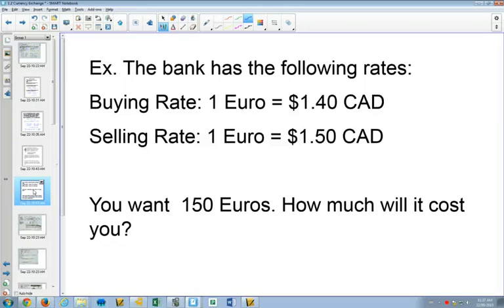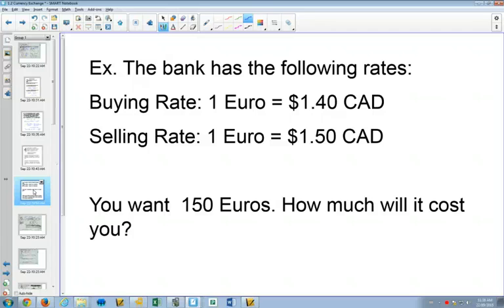There are the bank's rates. Buying rate, if you wanted to buy €1, and the selling rate. So there's a 10-cent difference.